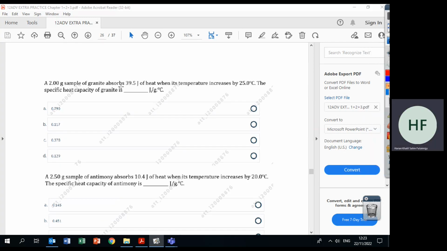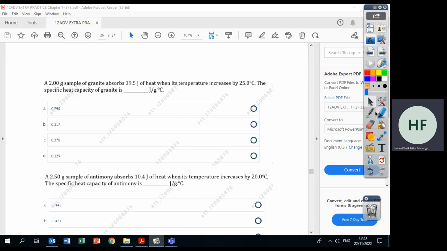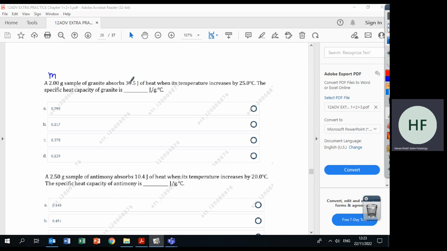Okay, a 2 gram sample of granite absorbs this heat and the temperature increases by 25. Now this one is M. The joules, this is Q. It increases by 25, so this is delta T completely. Increases by means he will not give you T final and T initial. Okay, what does he want? He wants the specific heat capacity.